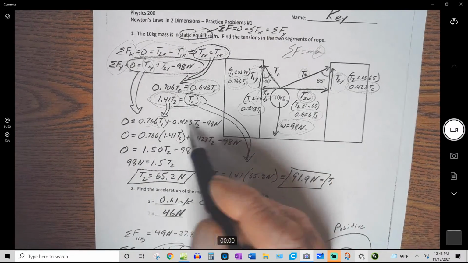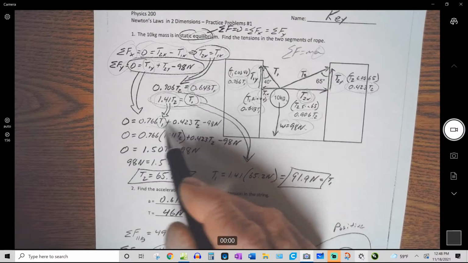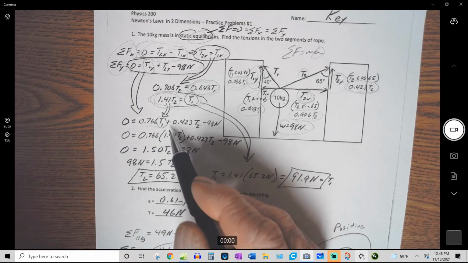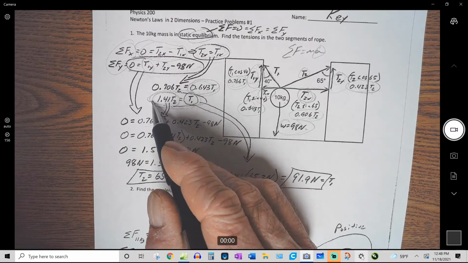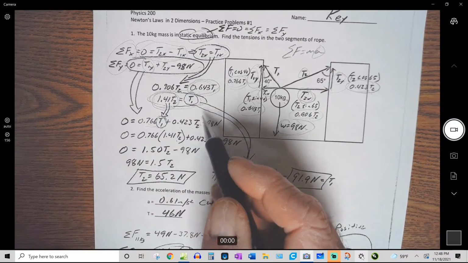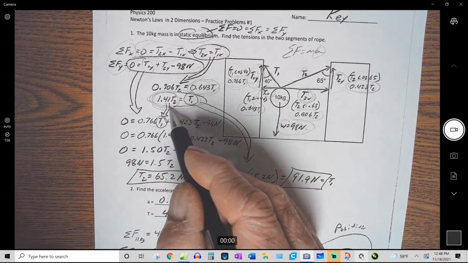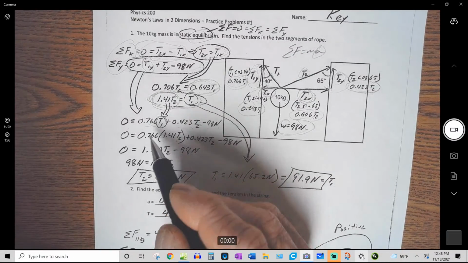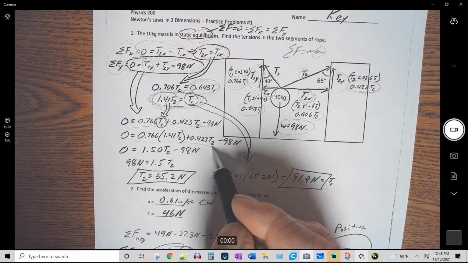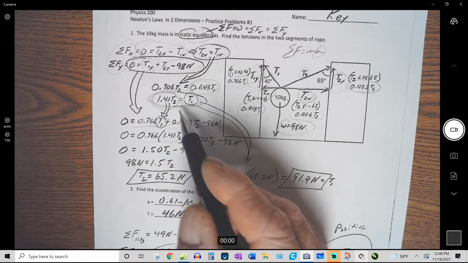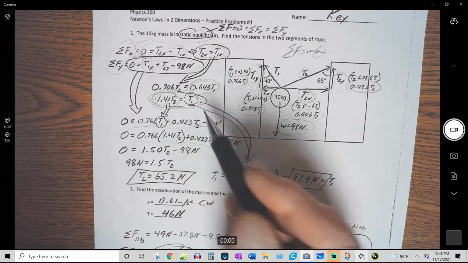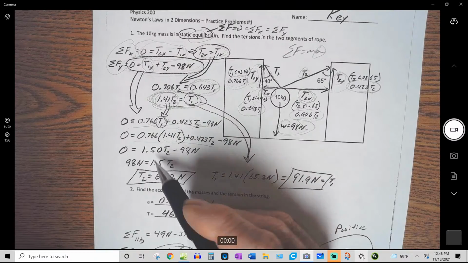And I've got two variables here in one equation, so I can't solve for anything. But if instead of T1, I put in this, then I can solve, because I found out earlier that T1 equals that many T2s. So instead of a T1, I put in 1.41 T2, which is the value of T1. And then I can solve for T2.